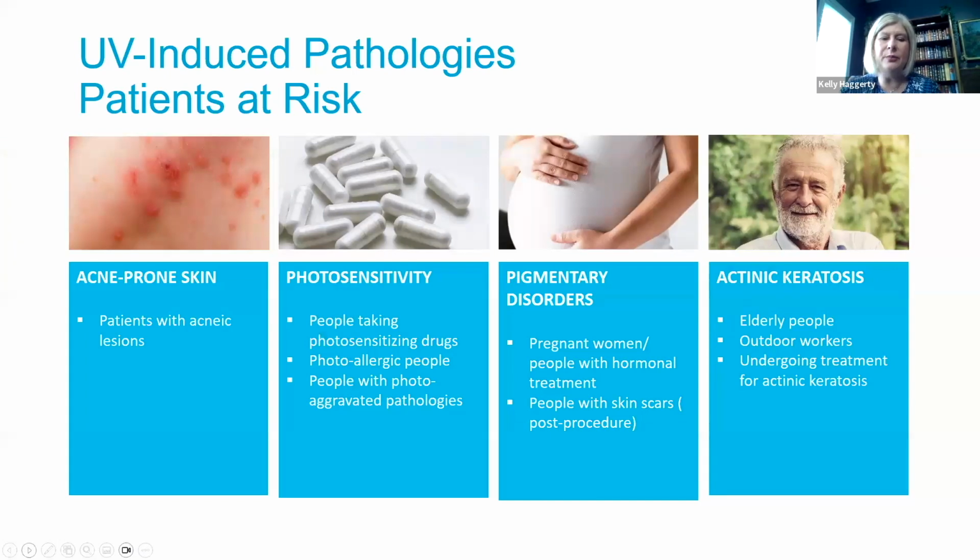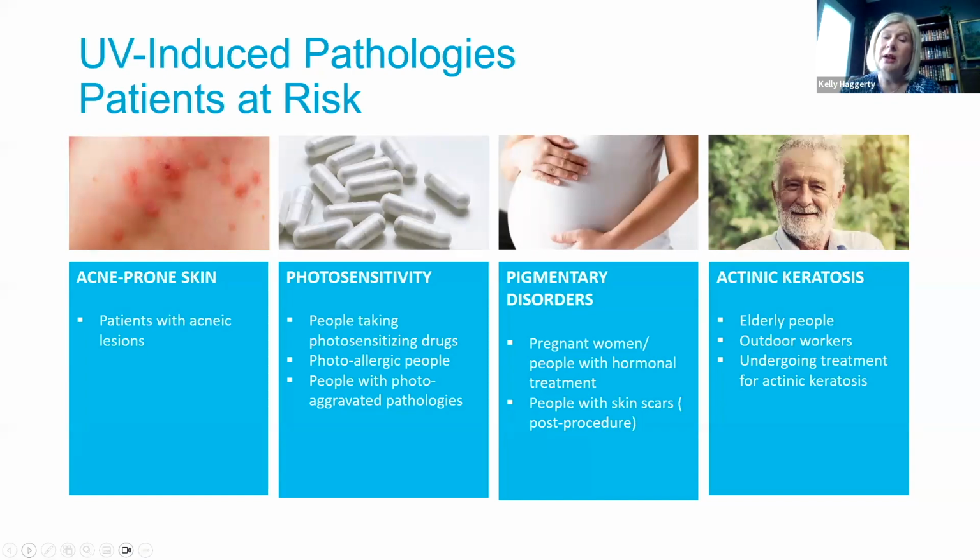So these are some examples of at-risk patients for sun-induced damage. For example, think of your acne patients, patients taking photosensitizing medications, people with photoaggravated allergies, because there are people who are somewhat allergic to the sun.